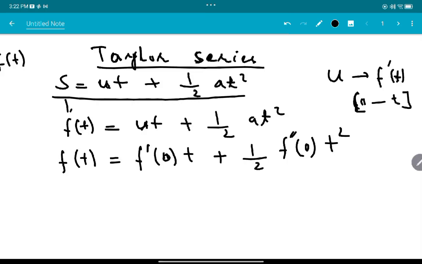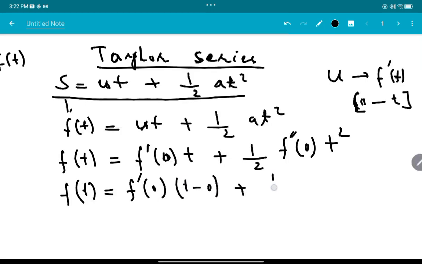Now the same expression can be written as f(t) is equal to f dash 0, and instead of t one can write t minus 0, plus 1 by 2, or simply f double dash 0 by 2 into t minus 0 whole square.